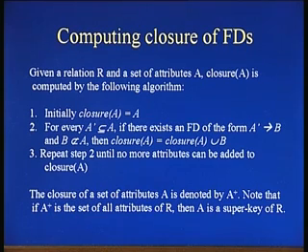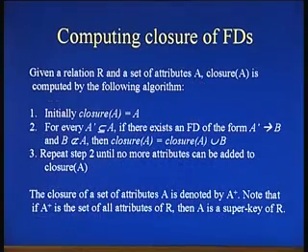So given a relation R and a set of attributes A, how do we compute the closure of A? Initially we start with the closure of A equal to A, that is, equal to all elements of A. This is true because of the trivial functional dependencies. Every element of A trivially defines itself.